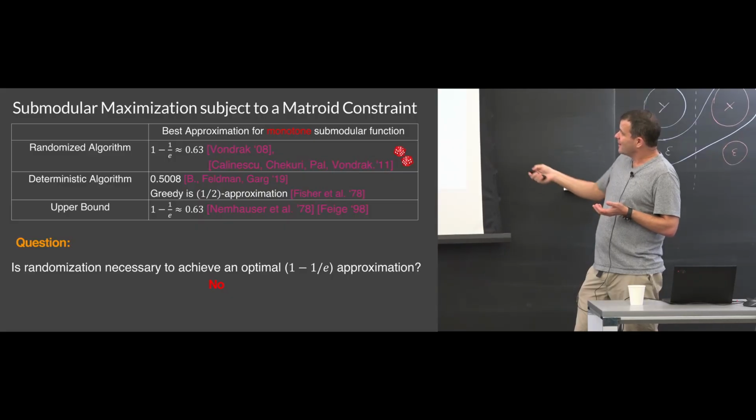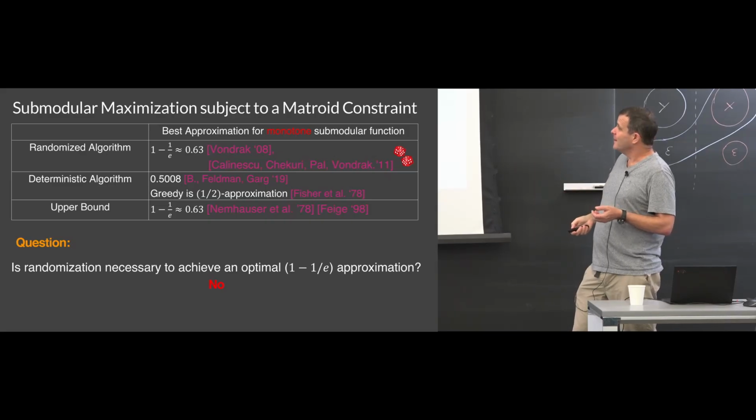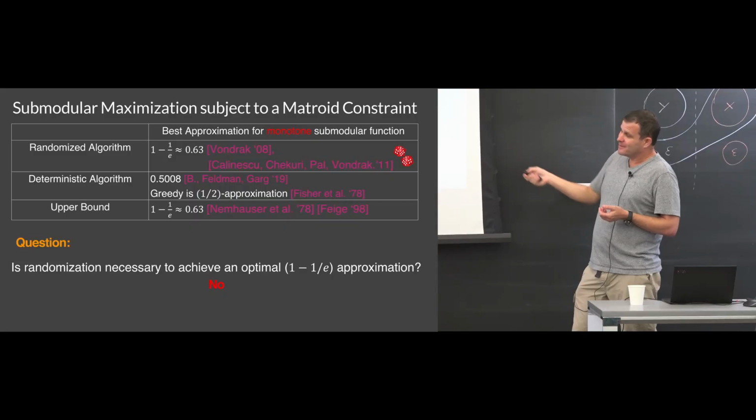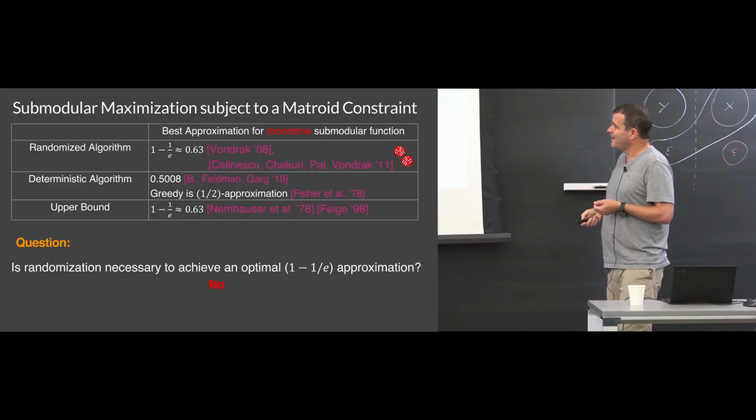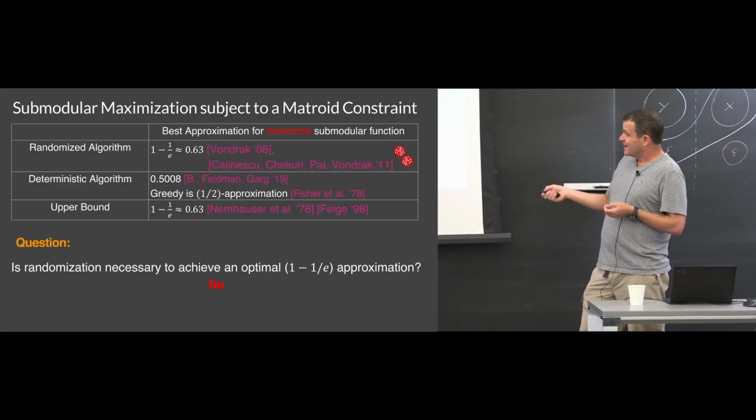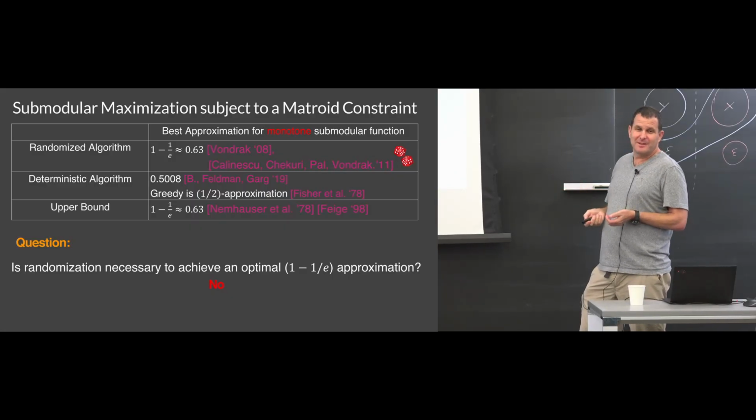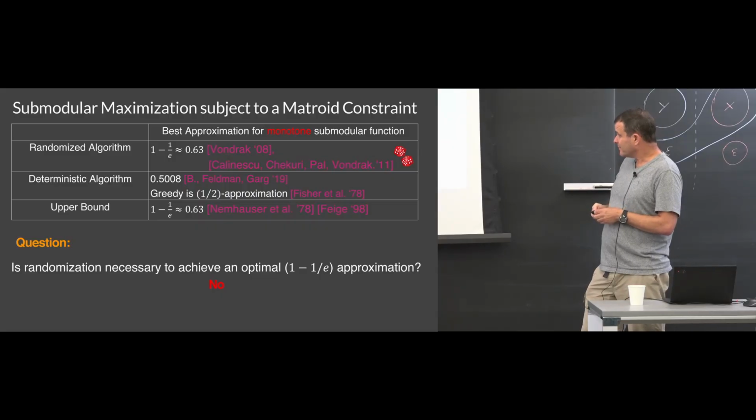For deterministic algorithms, it is known that greedy, and I will tell you about another algorithm, is half approximation. But nothing better was known except one result that we had several years ago that gave slightly above this half approximation. And the question is whether you need randomization to achieve this 1 minus 1 over e.